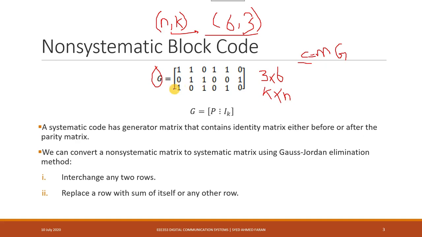When you see this generator matrix, you can easily see that k is 3 because it has 3 rows, and the columns are 6, which means n is 6. This dimension must be in your memory to understand whether this is a right generator matrix. The size of the identity should always be in your mind to make sure that the correct identity is represented.